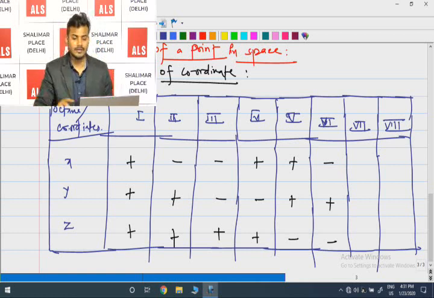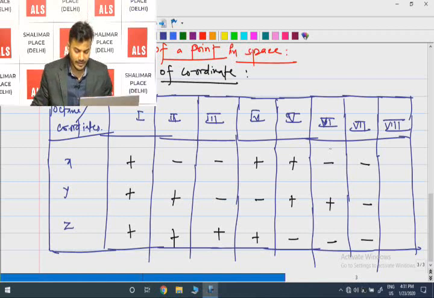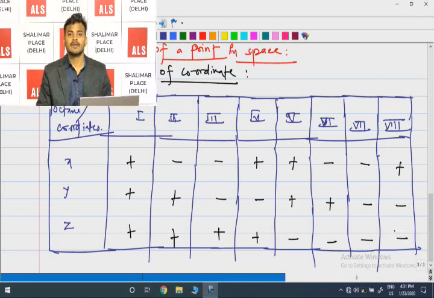Is this clear, everyone? So this is sixth, and in seventh you will get minus, minus and minus, all three negative, in the left, in the downward, away from me. And lastly we have plus, minus and minus, which is your eighth one, where x is positive, y negative and z negative.